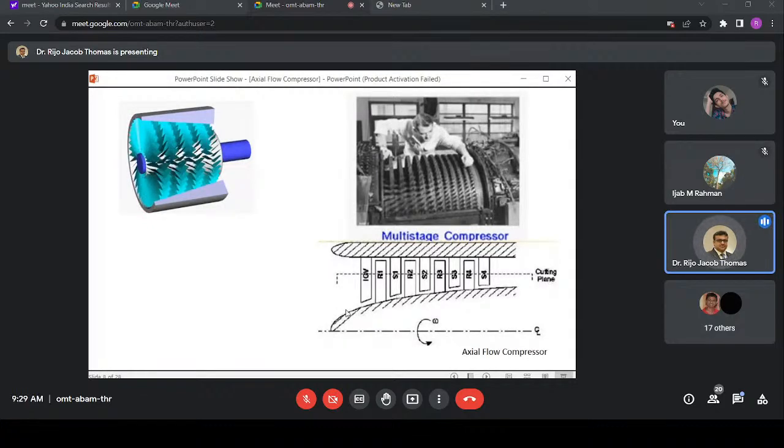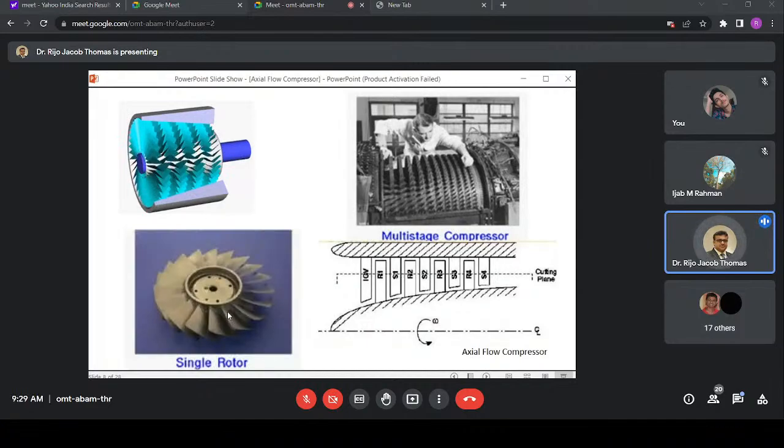If this was also having the same size blades, then the velocity would increase. So what they are trying to do is convert the kinetic energy into pressure energy in this case. So these are the typical rotor blades, like a drum, and they are shaped as an aerofoil.